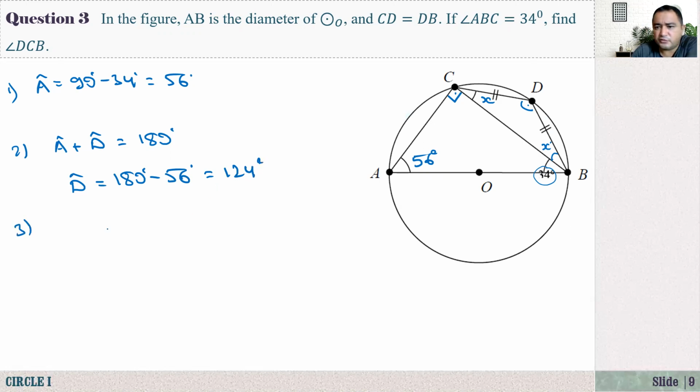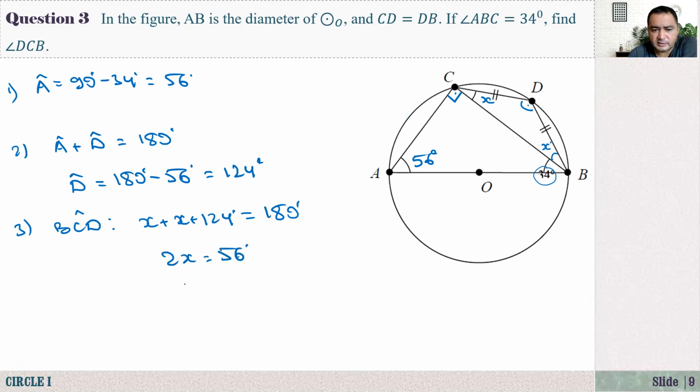And after that, in triangle BCD, angle C, angle B, angle D, that is x plus x plus 124, which should be equal to 180 degrees. Now from here, 2x is equal to 56 degrees. And what is x? x is 28 degrees. So angle DCB is equal to 28 degrees.